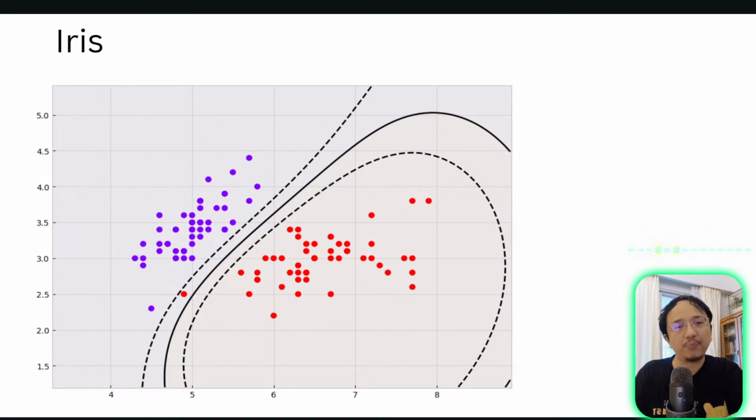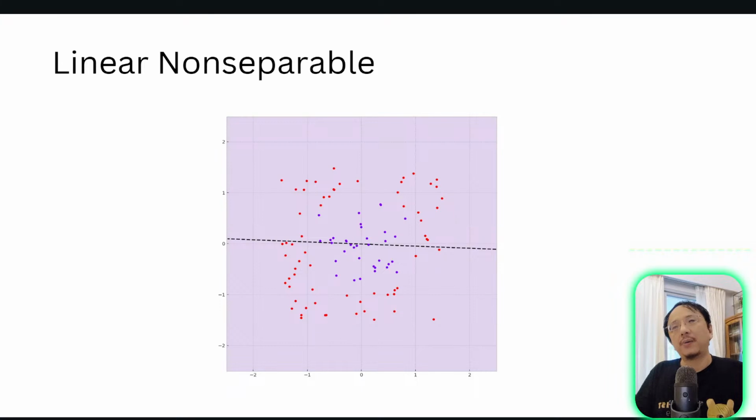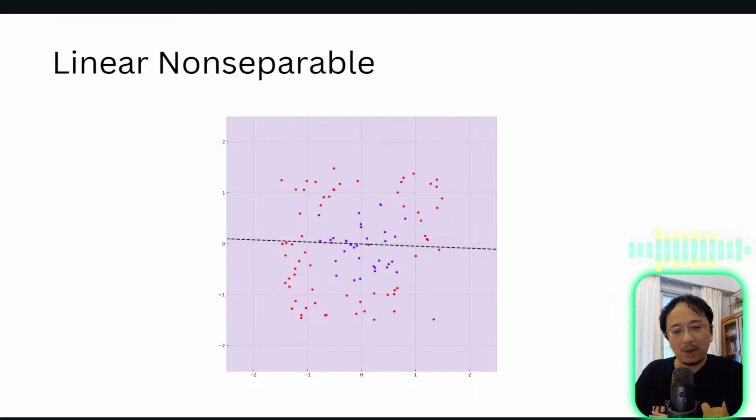However, because of the good property of the dual problem, there is an easier, more elegant way to do so. That's called the kernel trick. But before we talk about the details of the kernel trick, I want to convince you that by introducing new features, we can transform something that is linearly non-separable into something that is linearly separable.